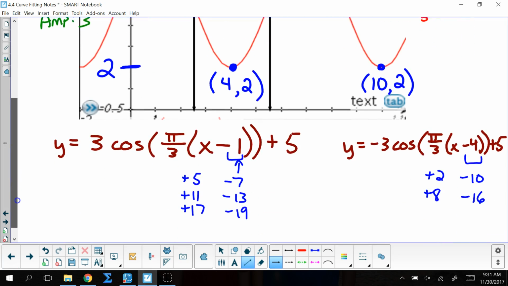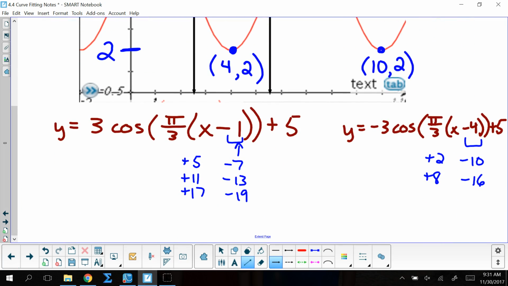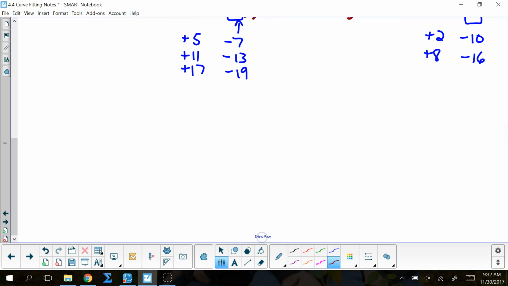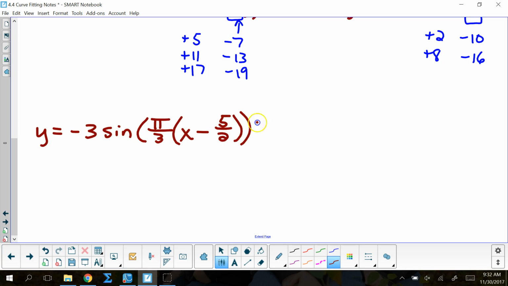So we could go with y equals -3 sine of pi over 3 times x minus 5/2, because that's 2.5, plus 5.